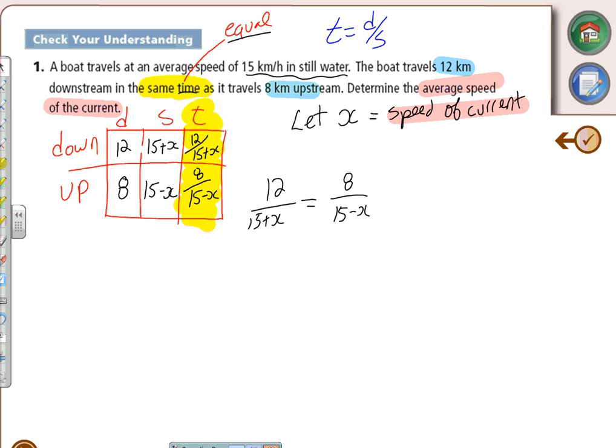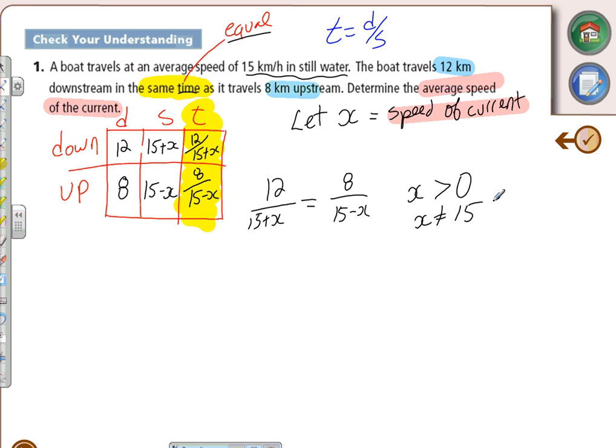So my x value cannot be equal to negative 15. Well, wait a minute. But this is, again, a speed of a current. It has to be a positive value. So even if I get a negative value along the way, it doesn't make any sense. But x can also not equal positive 15.